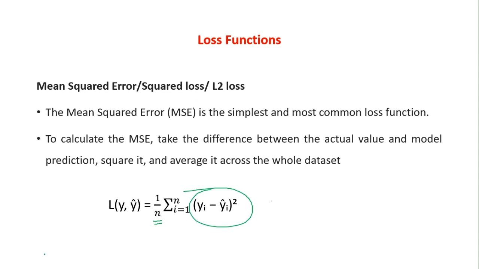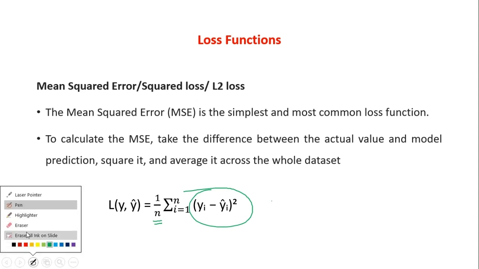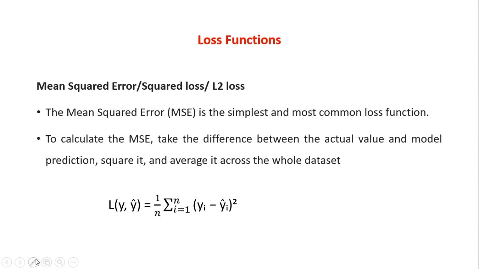So this mean square error is a loss function. It will be mainly used while we do the regression task. While we do the regression task using neural network, we can use this mean square error as the loss function.